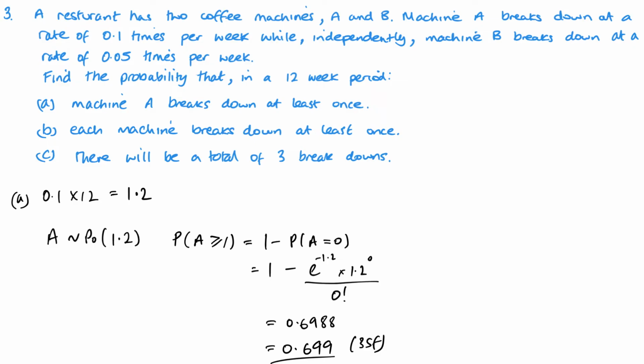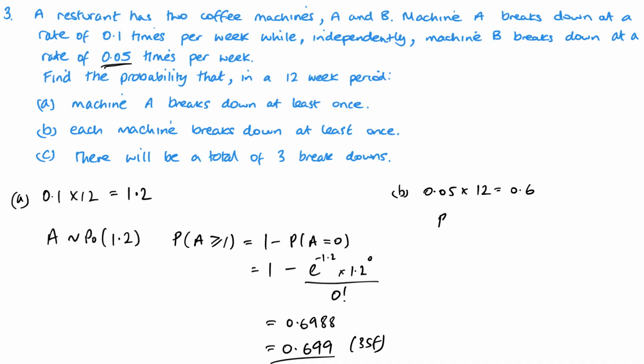Now, part B, that each machine breaks down at least once. This isn't a total, because it's each machine, so we need to think of them separately. So let's look at machine B, so 0.05 times by 12, that's 0.6.